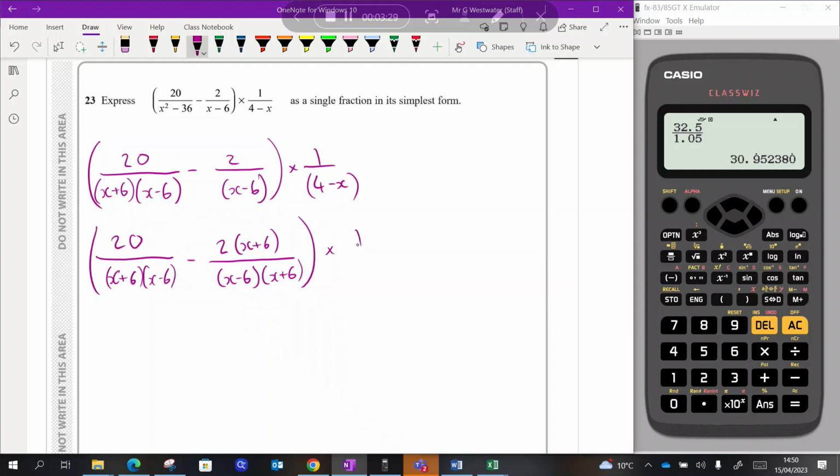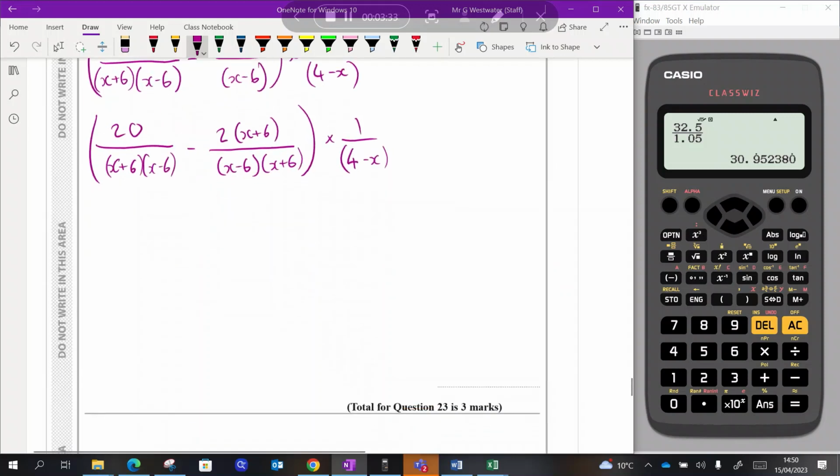And this now means I can combine my two fractions. So this is 20 minus 2 brackets x plus 6 all over x plus 6, x minus 6, and then this times 1 over 4 minus x. So I'm going to expand this on the top. Now look out for this negative. This is going to produce a minus 12.